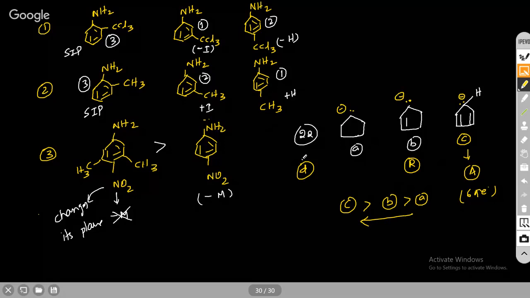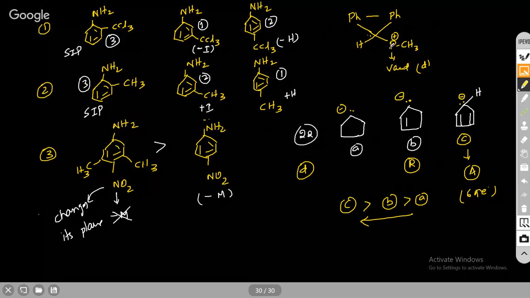Option C, you see the hydrogen over there, there's a phenyl group present, and here we have hydrogen and PCH3 with positive charge. This P has a vacant d orbital, right? When this hydrogen comes out, we'll get a lone pair over here. This lone pair is in resonance with the vacant d orbital, and that is why this conjugate base is most stable.